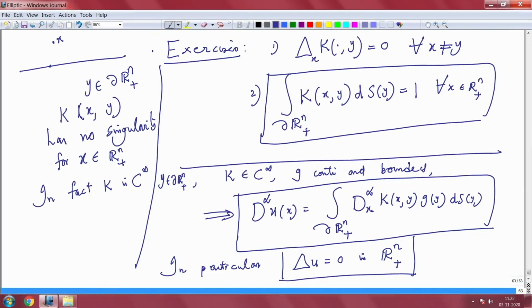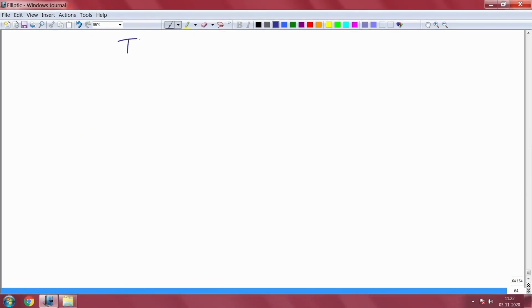So, what you have done implies the following theorem. We will start the proof, maybe we will continue later. I will try to give the idea. Let me write the theorem, maybe the proof I may not be able to complete.